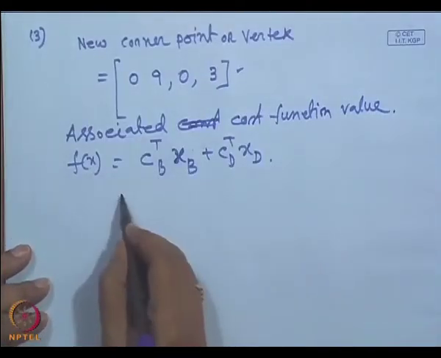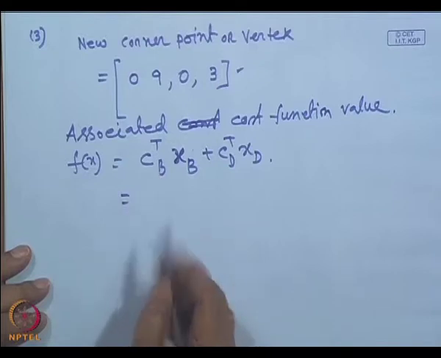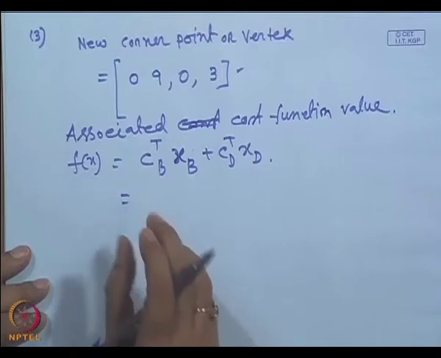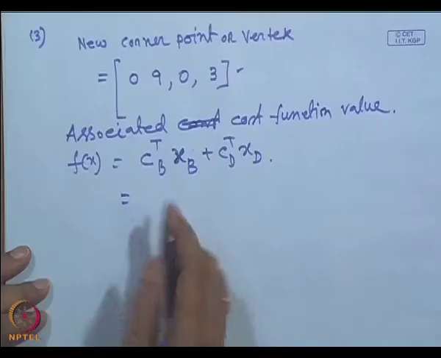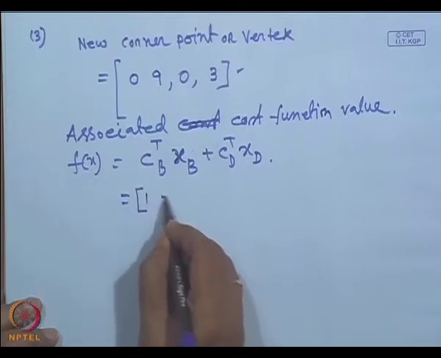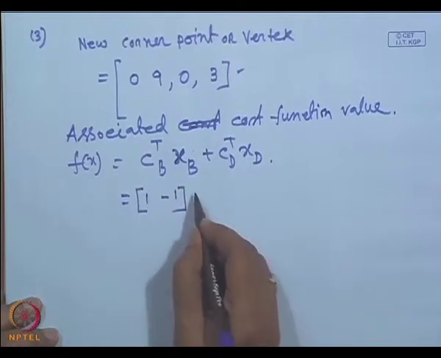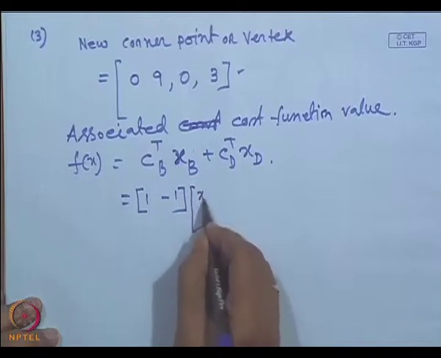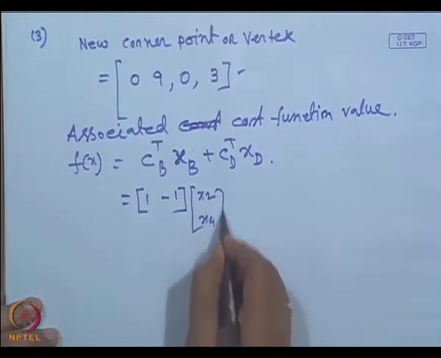So, put the value of C B. C B means the coefficients associated with the basic variables in the objective function. That value is 1, minus 1, C B transpose, for x 2 and x 4.